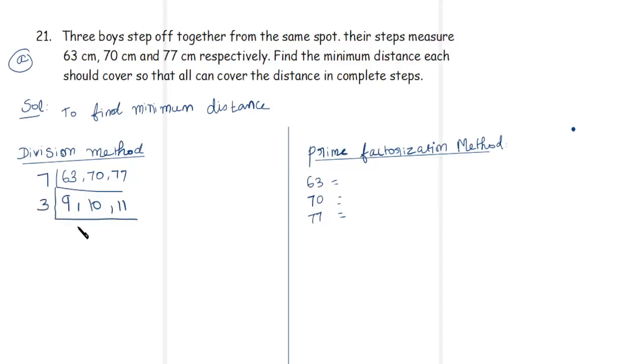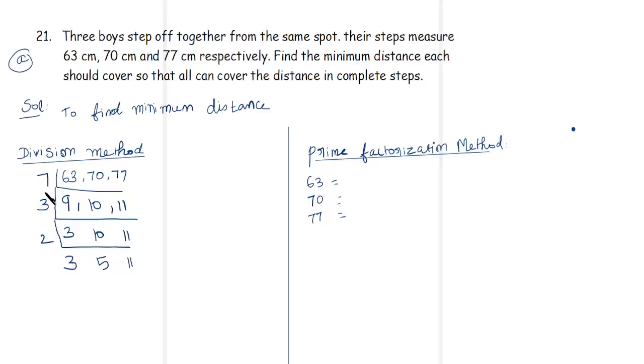First I am going to take 3. 3 divides 9 but cannot divide 10 and 11, so you retain 10 and 11. Now 3 and 11 are prime, so I divide the 10 with 2 and 5, retaining 11.